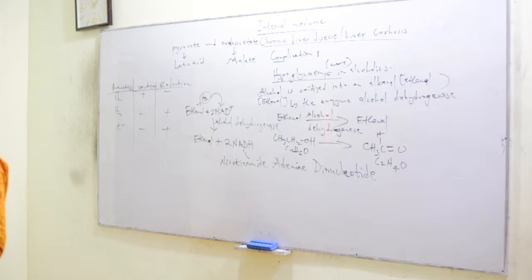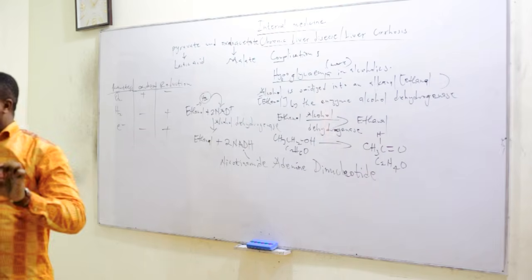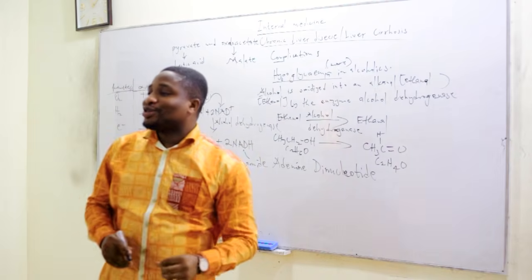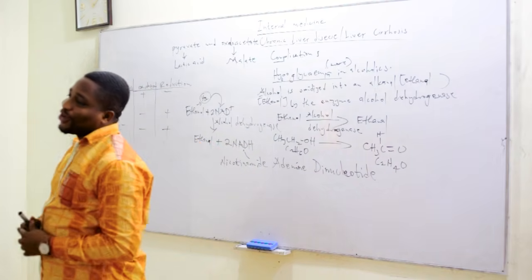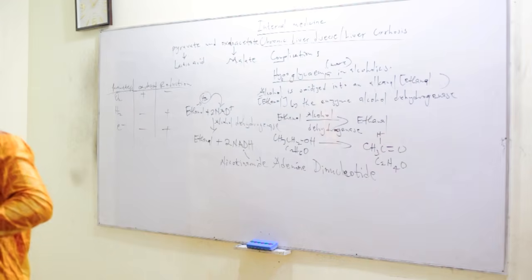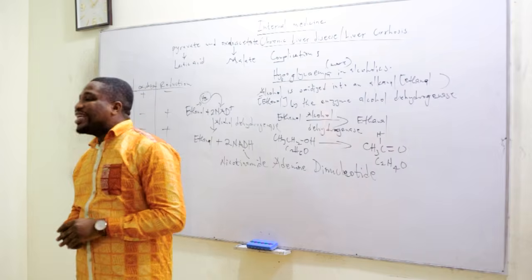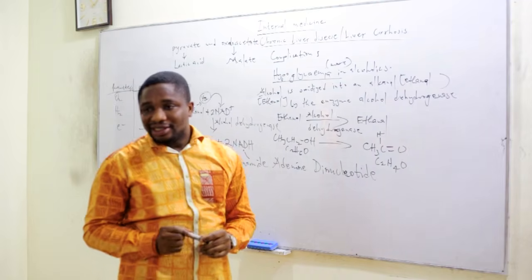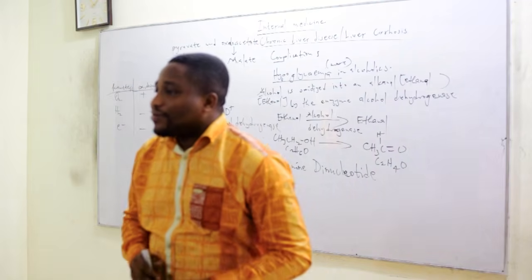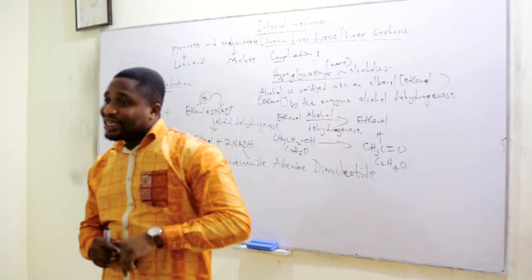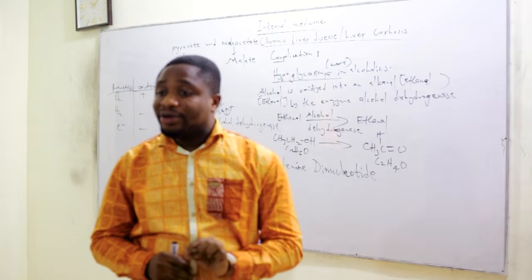Are you getting that? This depletes the stores of pyruvate. This depletes the stores of what? Pyruvate and oxaloacetate, which are considered as precursors for gluconeogenesis. So it tells you that the precursors for gluconeogenesis will be what?